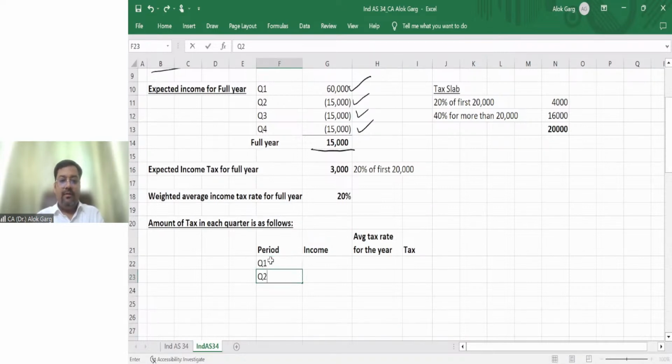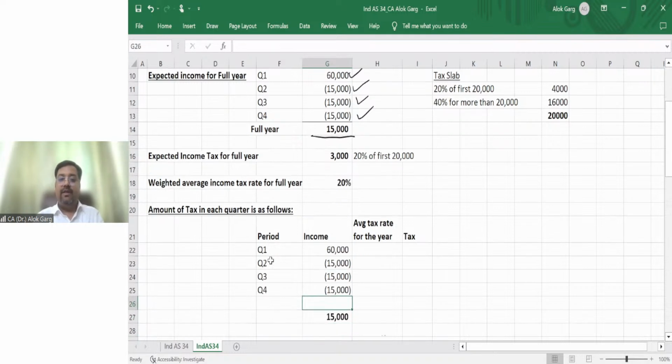Q1, Q2, Q3, and Q4. Okay. What is my income in Q1? It is 60,000. What is my expected income in Q2, Q3, Q4? 15,000 loss each. The total becomes 15,000.